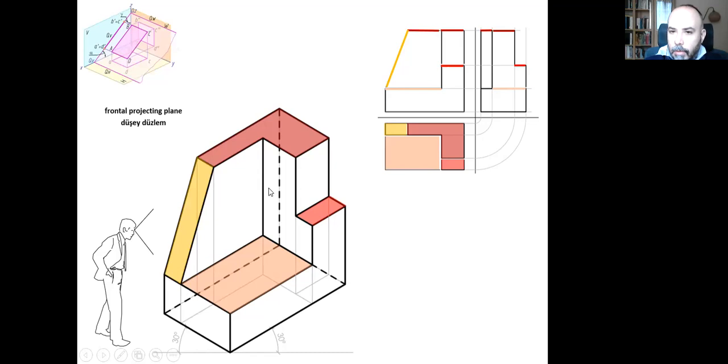So in the left side view, it appears as another surface, as a rectangular surface there. And because there is this distance difference, I leave the gap. However, because this surface is combining at the same distance with this orange surface, I shouldn't leave any gaps.